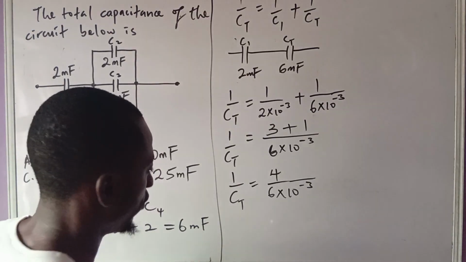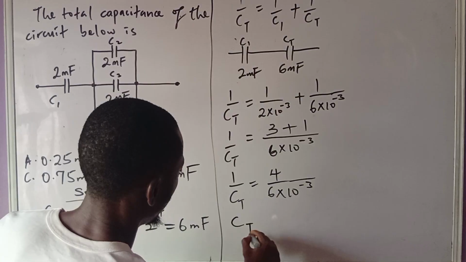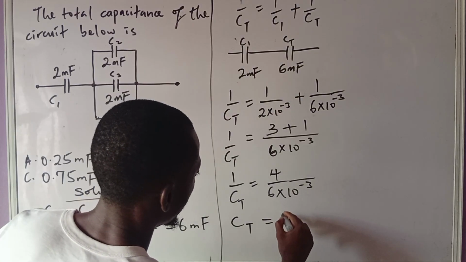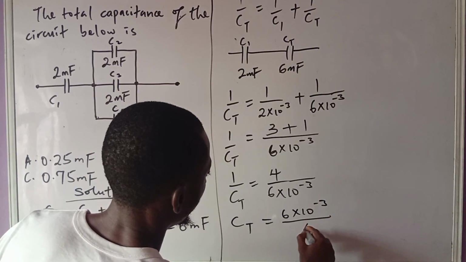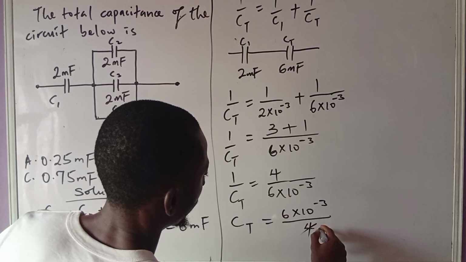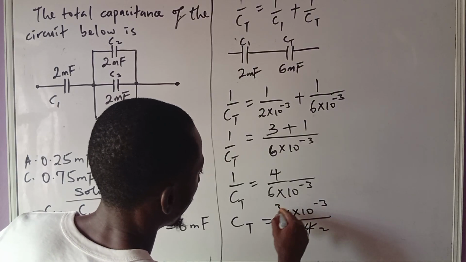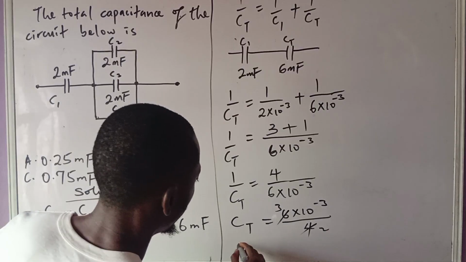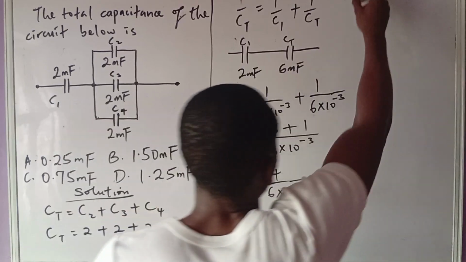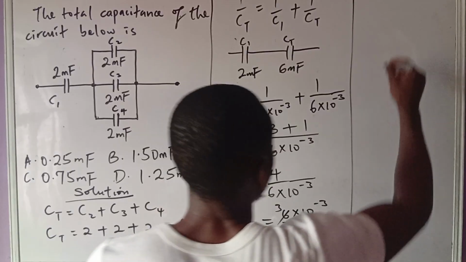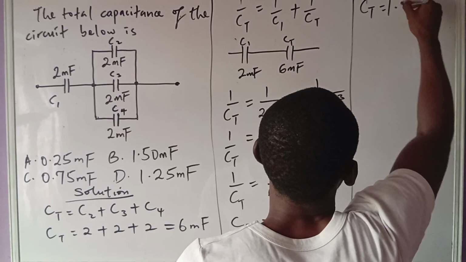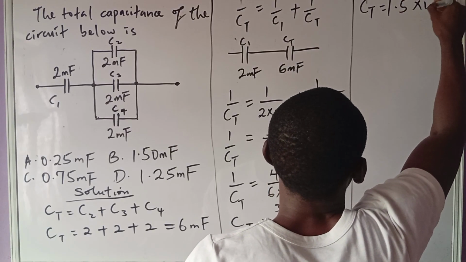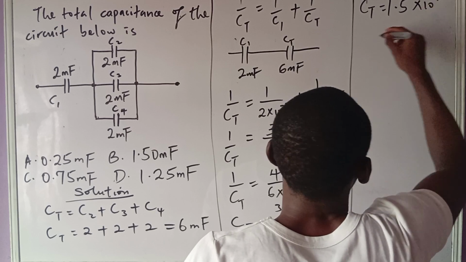That means I should invert that, and this will turn to 6 times 10 raised to power minus 3 over 4. Dividing 2 here, 2 here, 3, this is going to give us 1.5 times 10 raised to power minus 3.